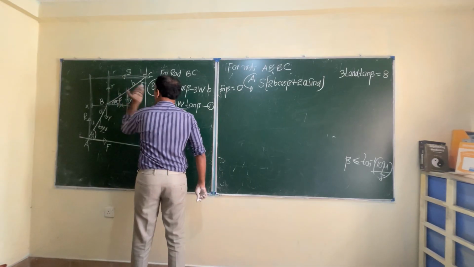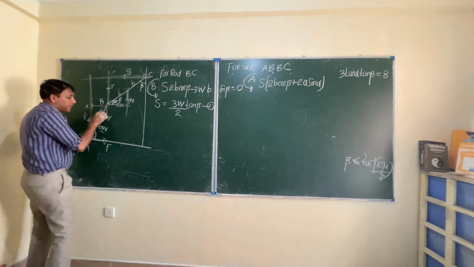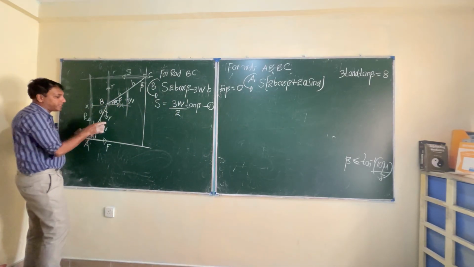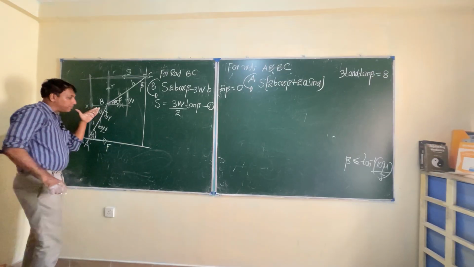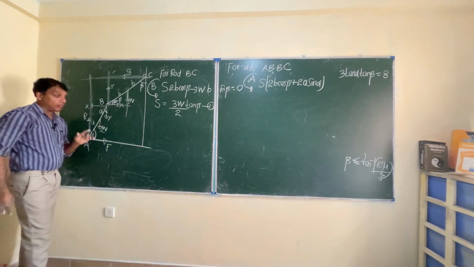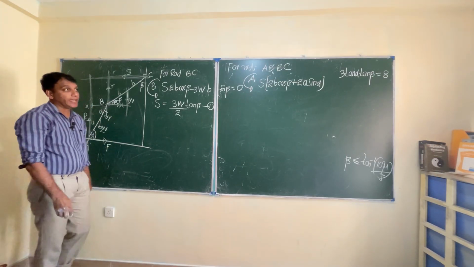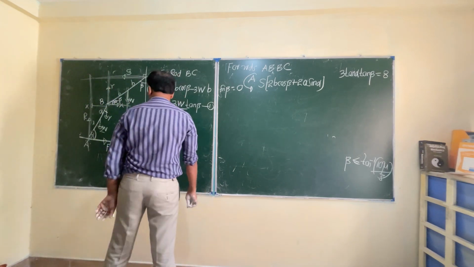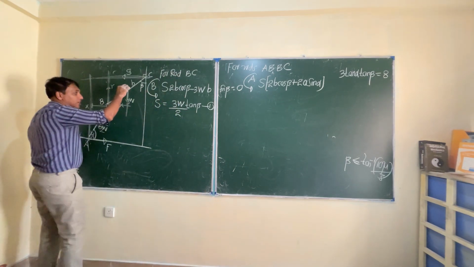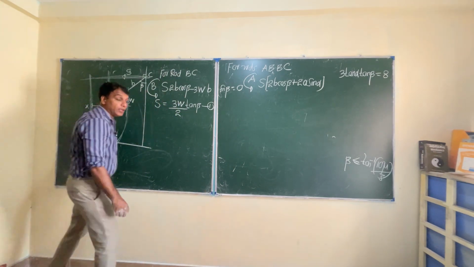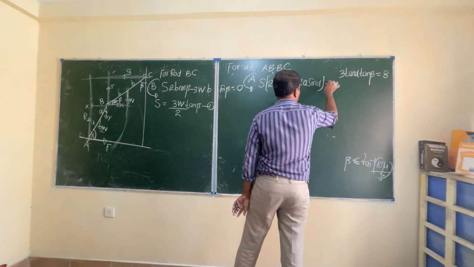This is 2b cos beta. Here alpha means this is 90 minus alpha, so 2a cos(90 minus alpha) is 2a sin alpha. Now come to the forces. The weight 3W, minus 3W.